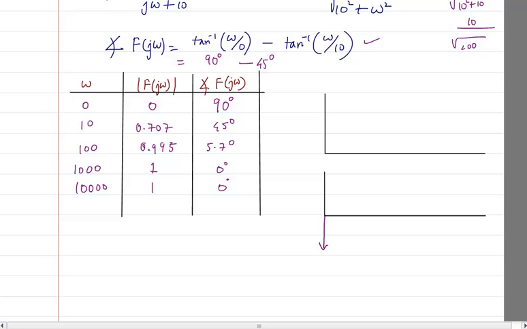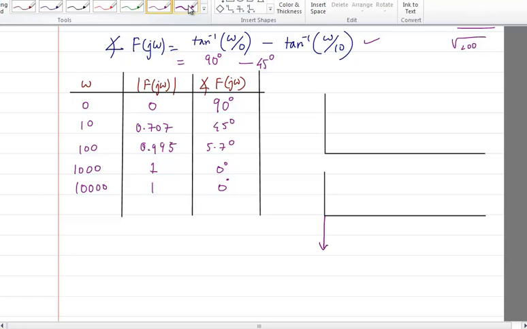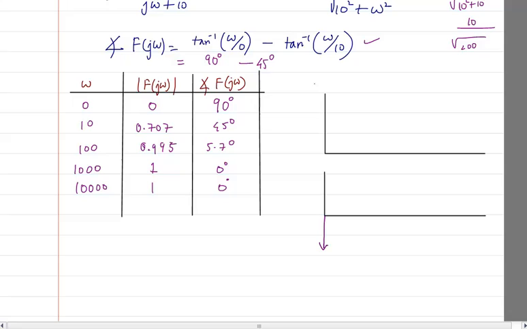So I will draw it like this: this is the magnitude of F of j omega, and this is the angle of F of j omega, and this is the omega axis, and in omega I will take this as 0, and this I will take as 10.